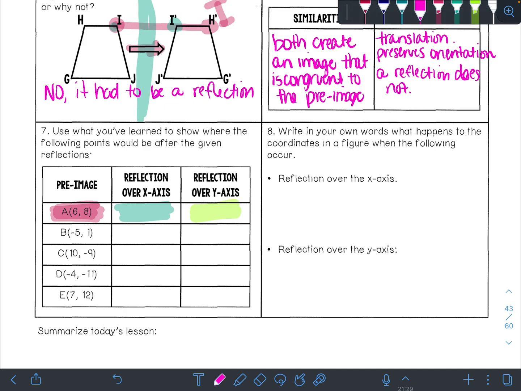When I reflect over my x-axis, you should remember that your x stays the same and you take the opposite of your y. So my x is going to stay the same, so I'm going to have 6. The opposite of 8 would be -8. When I reflect over my y-axis, remember I take the opposite of my x and my y stays the same. So in this case, I'm going to take the opposite of 6 and keep 8 the same.